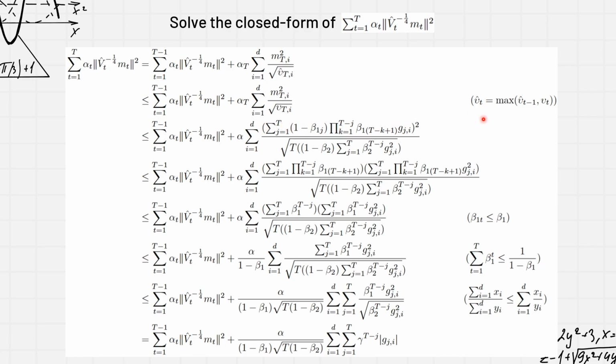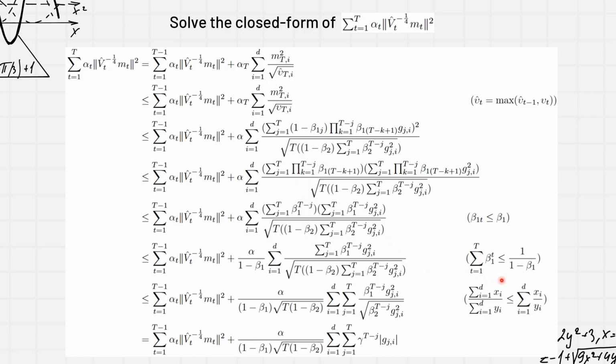Here, since v hat takes the maximum of v hat t minus 1 and vt each time, and in this place we use the closed form of mt and vt mentioned in the previous slide. Next, we use the Cauchy-Schwarz inequality on the closed form of mt. And then we use the definition of beta 1t less than or equal to beta 1, and thus we can remove the product here.